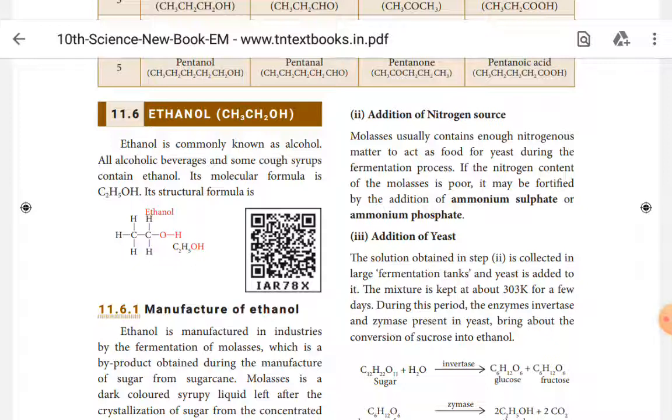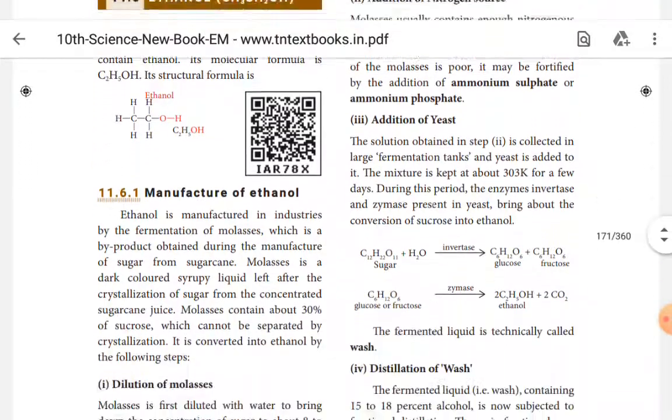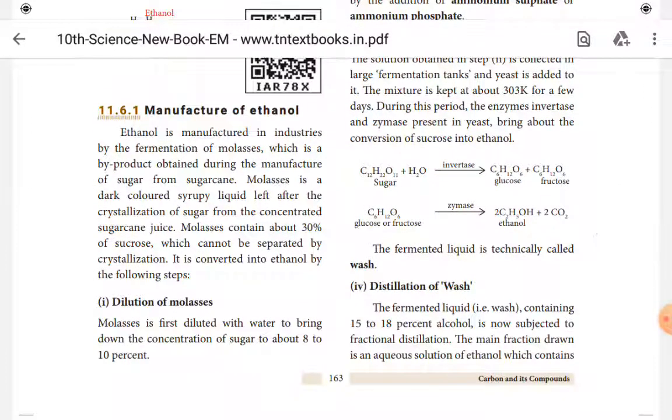And what is the raw material for the manufacture of ethanol? Then what is molasses, sugar molasses? Then what is the basic principle used for the manufacture of ethanol?